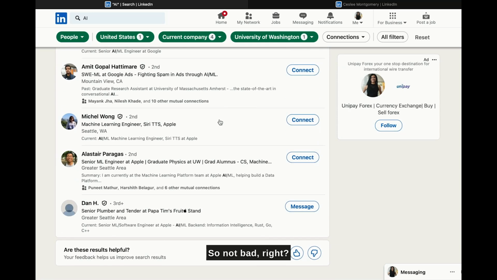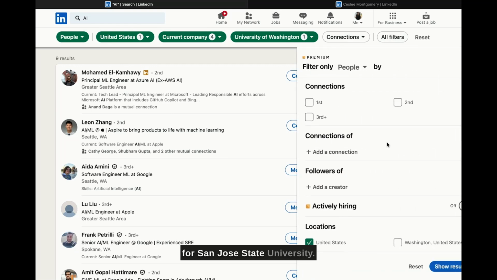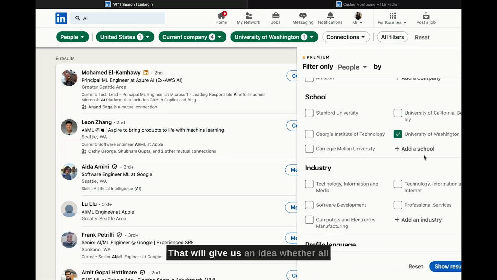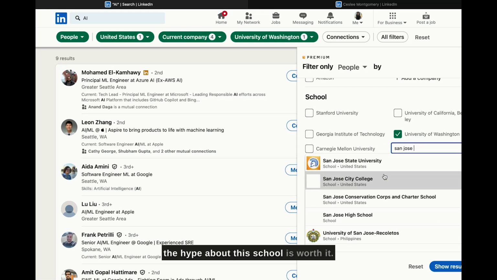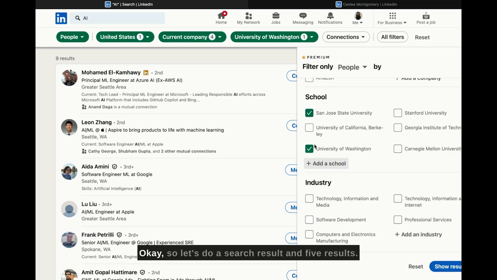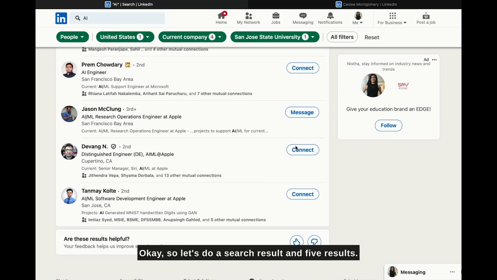So not bad, right? It's not as prestigious as Georgia Tech, but there are quite a number of people working from there. And let's do a quick search for San Jose State University. That will give us an idea whether all the hype about this school is worth it. Okay, so let's do a search, and 5 results.